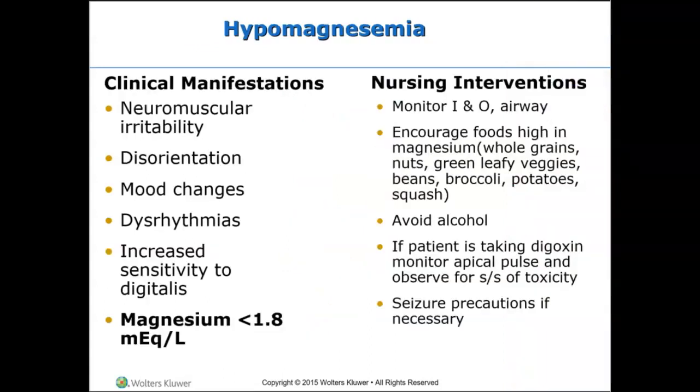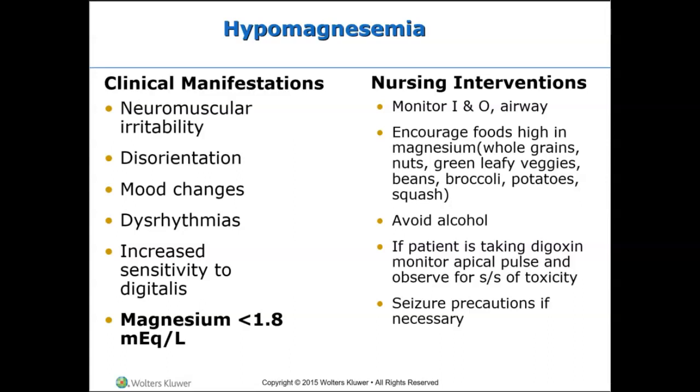Clinical manifestations, again, of hypomagnesemia patients include neuromuscular irritability. It includes neurological LOC changes, right? So they'll be disoriented. They could have severe mood changes and shifts. They could have dysrhythmias, which we've mentioned already, right?